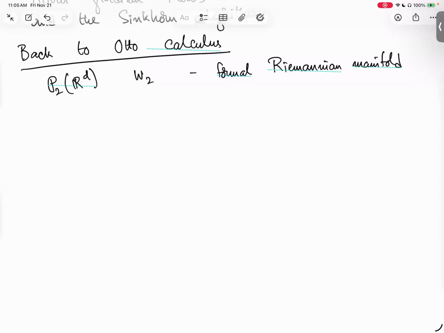And how do we do this? If you take some rho in this Wasserstein space, P2 of R^d, you define some kind of tangent space of rho. This is some subspace of L2 velocities, so a subspace of L2 of rho.